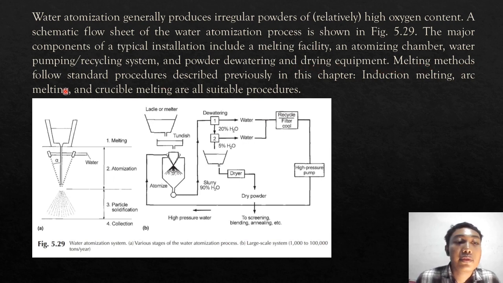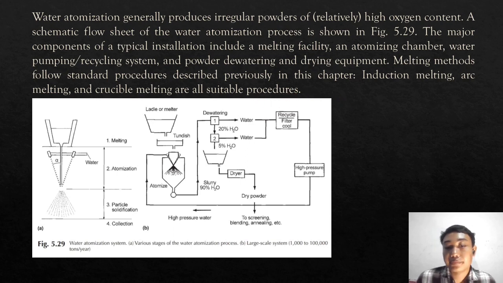Melting metal follows standard procedures described profusely in this chapter. Induction melting, arc melting, and crucible melting are all suitable for production.